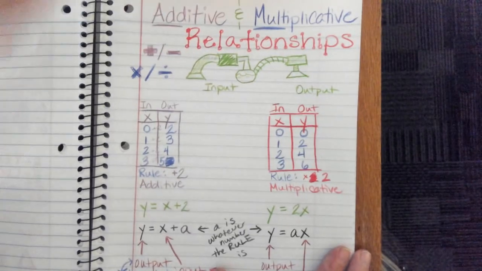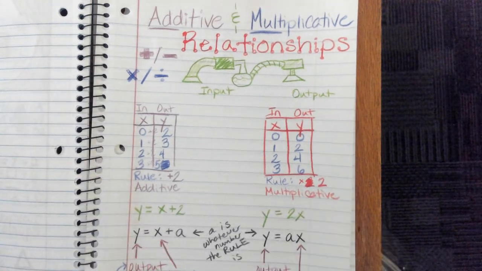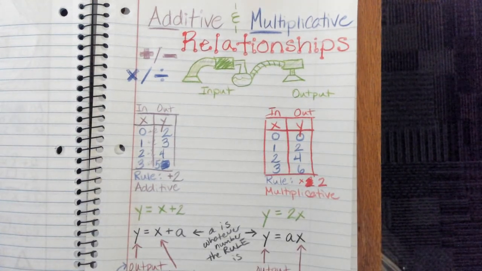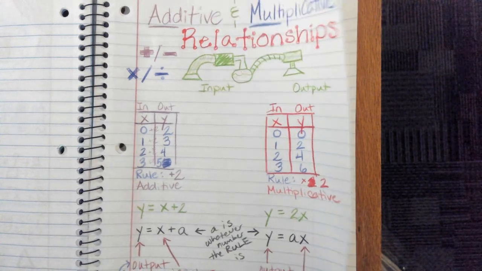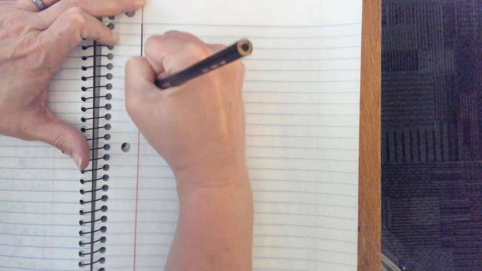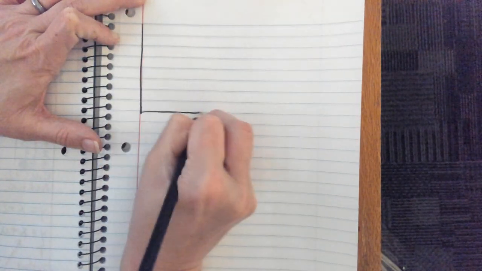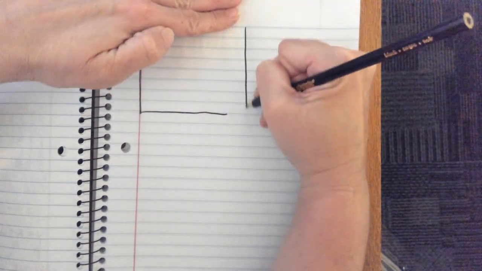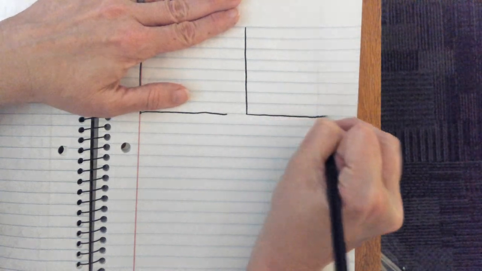Okay, so there is one more thing that you need to really understand about additive and multiplicative relationships, and I'm going to go ahead and use a new page for this. On this page I am going to draw, let's see, I'm going to go down and then over, and I'm going to do another one, down and then over.